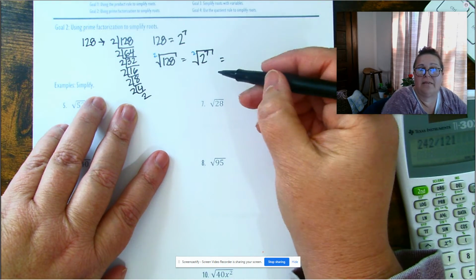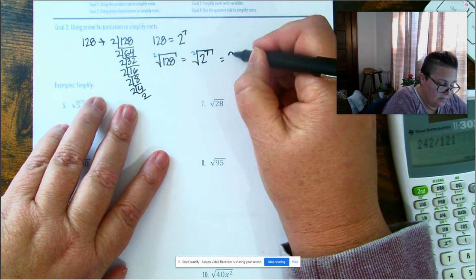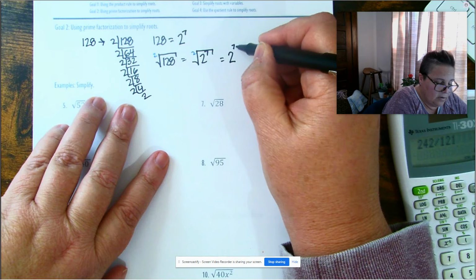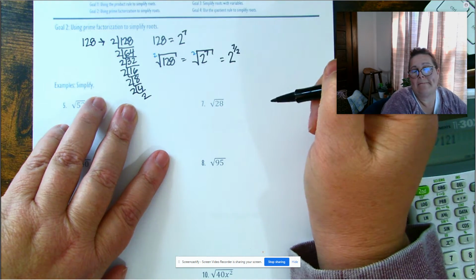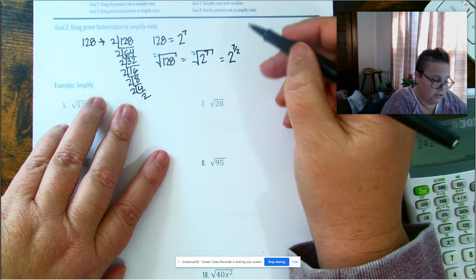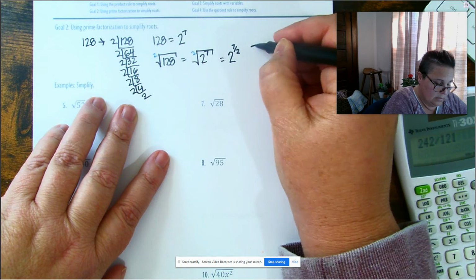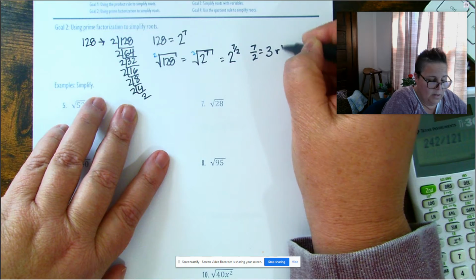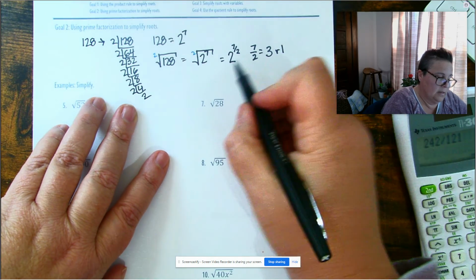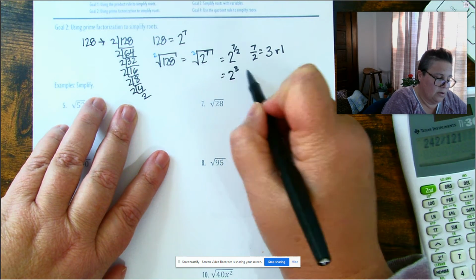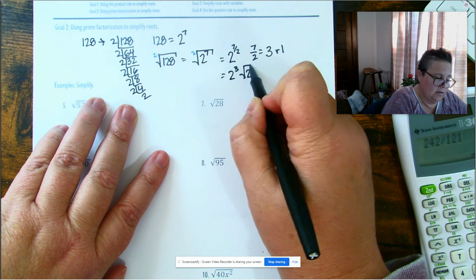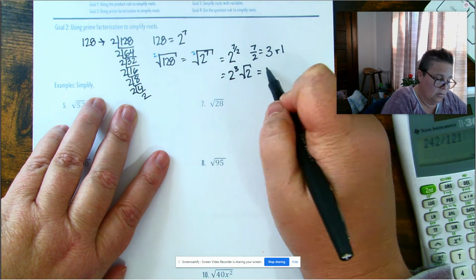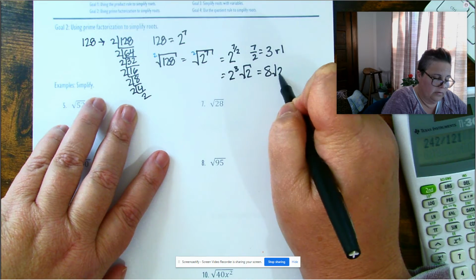I said, okay, this could be the same as 2 to the 7 over 2. Well, 7 over 2 is 3 with a remainder of 1. So this is 2 to the 3rd with 1 2 remaining underneath the square root, or 8 square roots of 2.